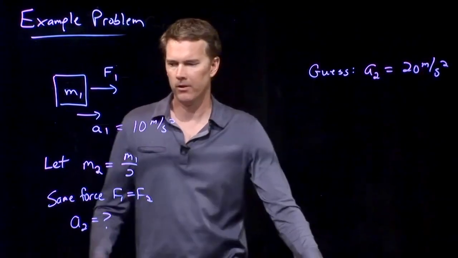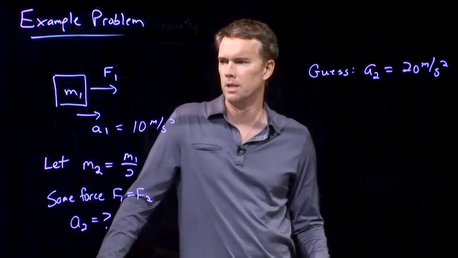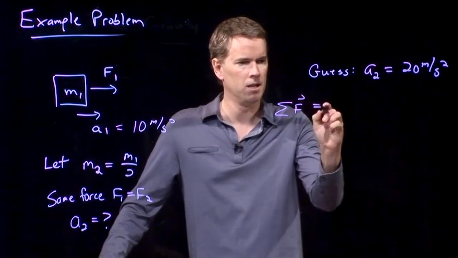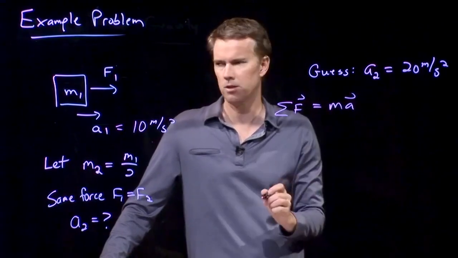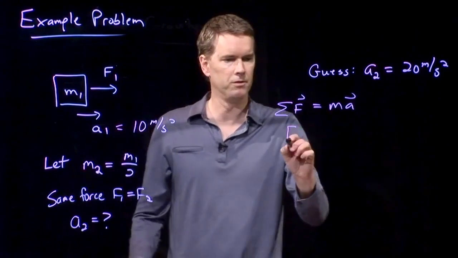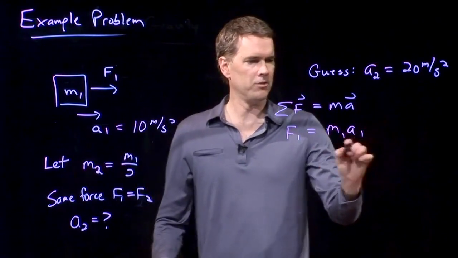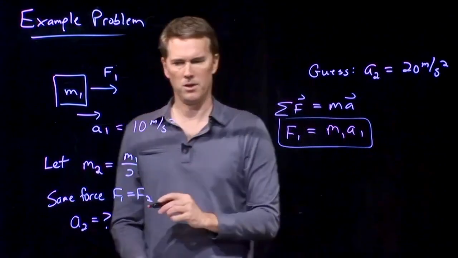Very good. So let's see how to work this out. Okay, the first case, sum of the forces equals the mass times the acceleration. I've only got one force, F1. It's equal to M1 times A1. Good.